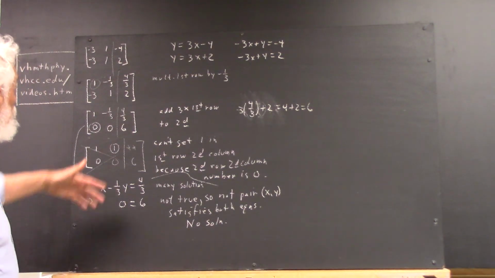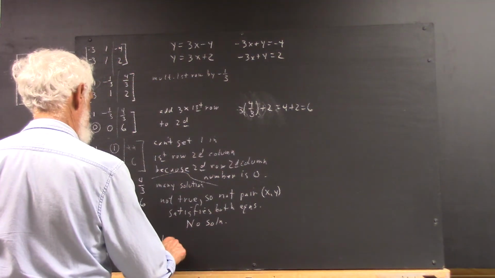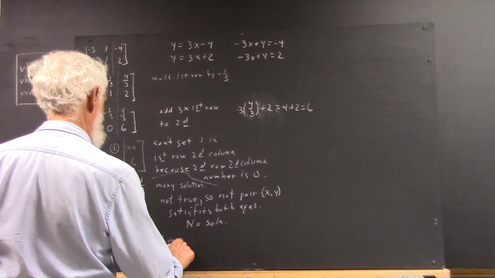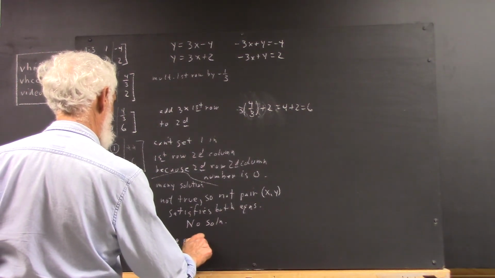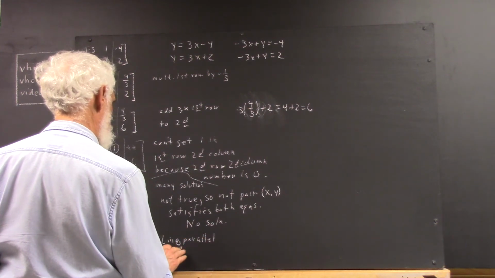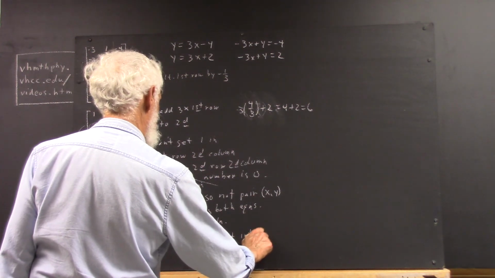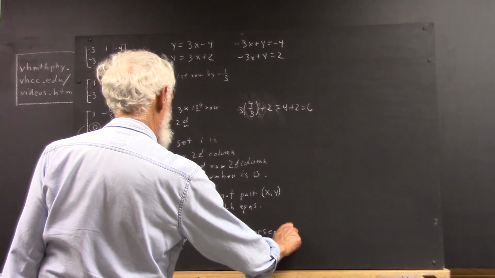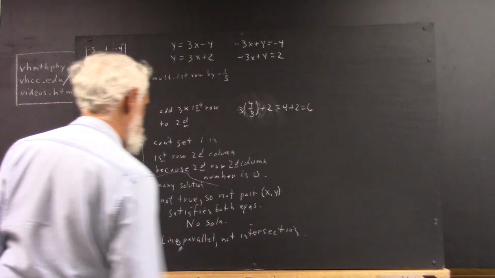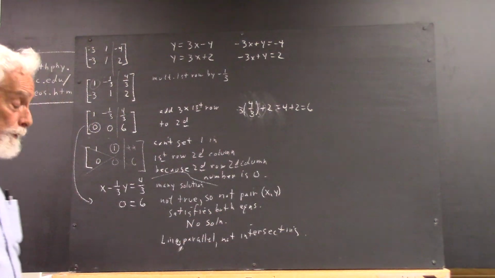And remember, this corresponded, when we graphed this, the lines are parallel, but not intersecting. Parallel lines, but they don't intersect.